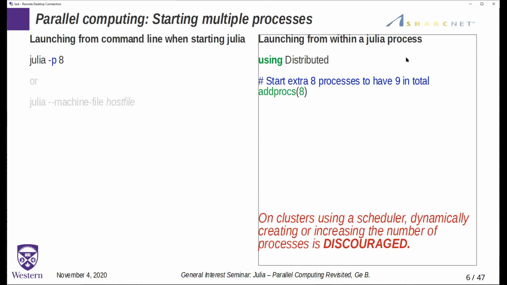From a command line, you just type julia -p with the number of cores or number of processes you want to start.